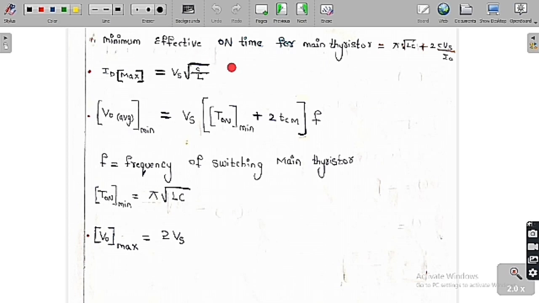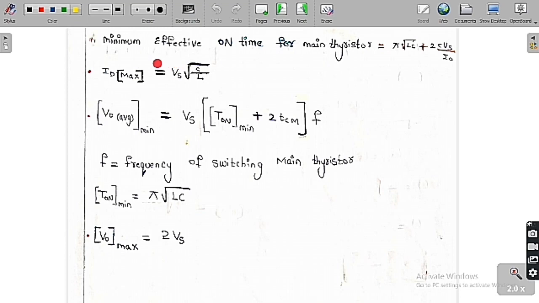Minimum effective on time for main thyristor. What is the minimum time for which the main thyristor was on? I have already told you, it is simply T1. So this is pi into under root over LC plus 2 CVs by I naught.